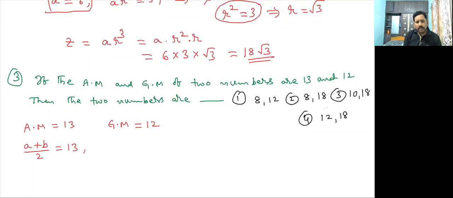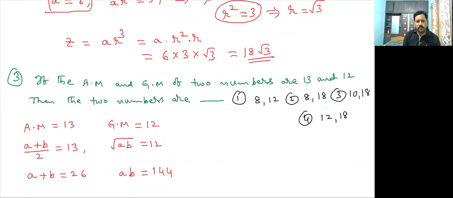Geometric mean of A and B. That is square root AB. That is equal to 12. Then what is A plus B here? 26. Here do the squaring on both sides. AB is equal to 144. The sum of the two numbers is 26 and product is 144.